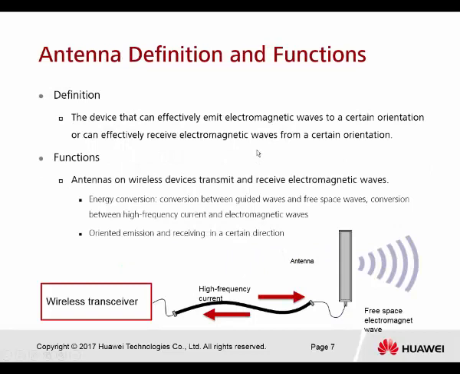Antenna definition and function. It is a device that can effectively emit the electromagnetic wave in a certain orientation, or effectively receive the electromagnetic wave from a certain orientation. The function: the antenna on a wireless device transmits and receives the electromagnetic wave.